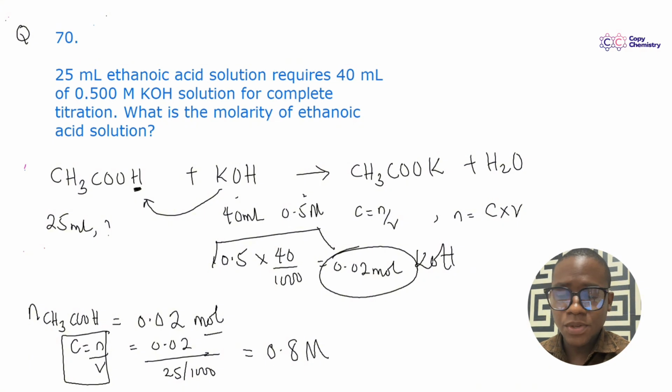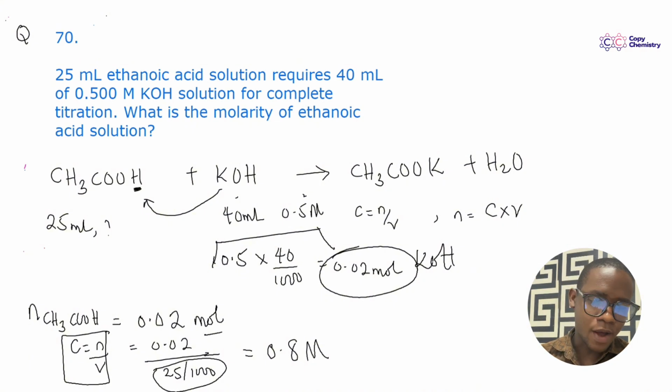Sometimes that particular point might lead to some problems, so it might be helpful if you work on this first, write your answer down, and then do 0.02 divided by 0.025, and then you get your 0.8, just to be on the safe side. Or you just use some brackets at the denominator so that the calculator solves that first. Anyway, that's your answer. This is question 70.